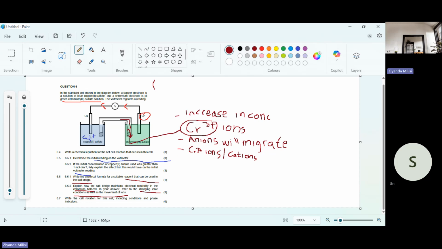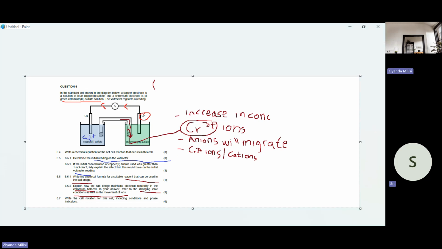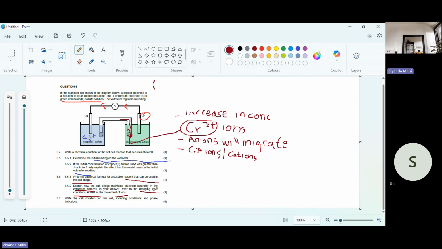Thus maintaining the electrical neutrality in the what? In what the question was saying: in the chromium half cell. Hope we are good now.